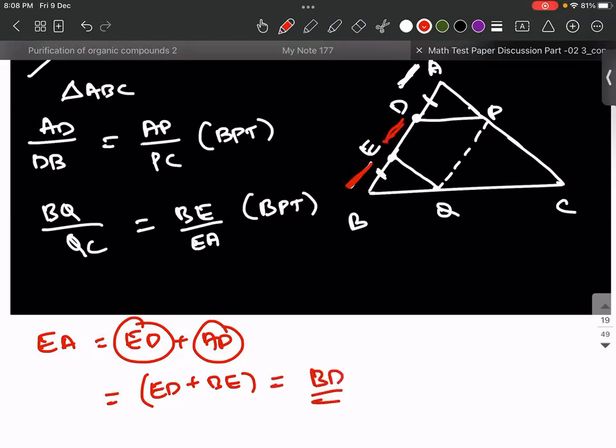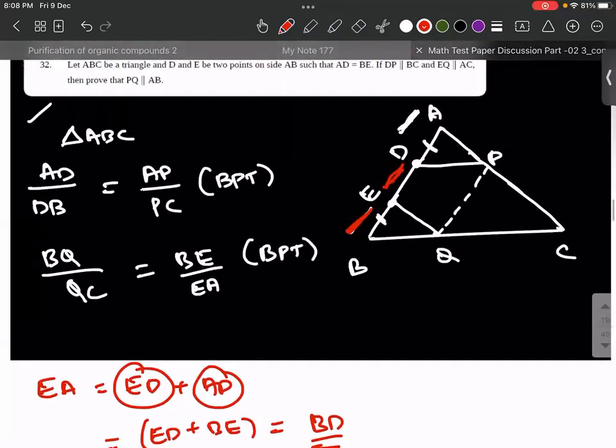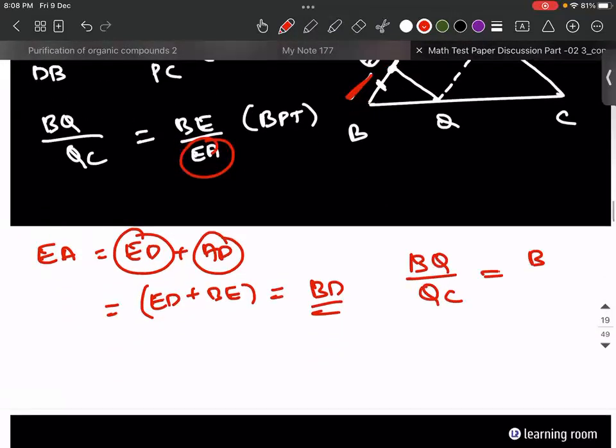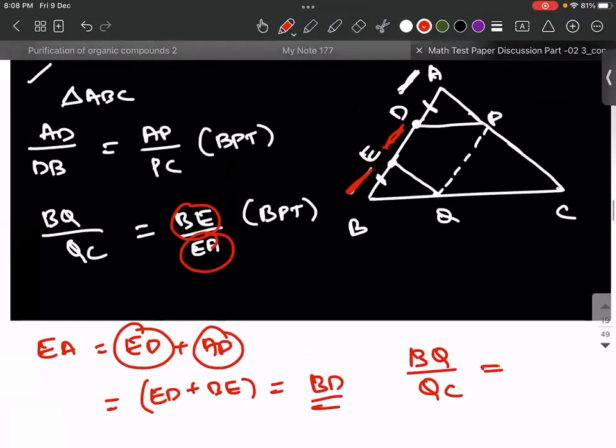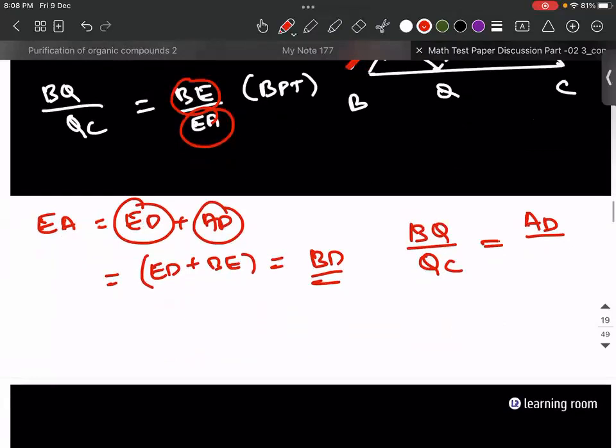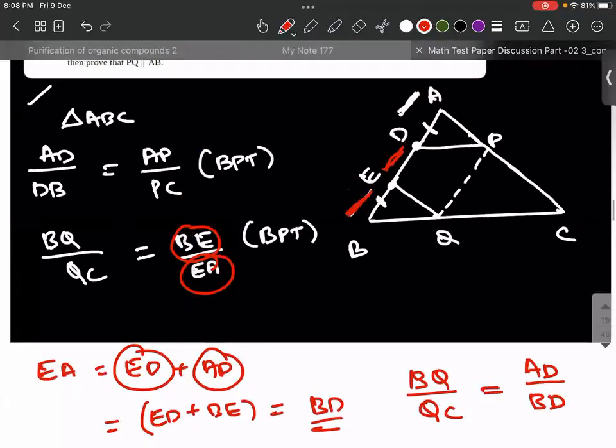So from the second equation, BQ by QC is equal to BE by EA, and replacing BE with AD, we get BQ by QC equal to AD by BD.